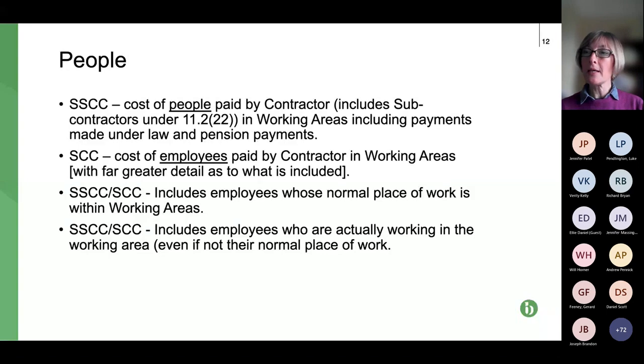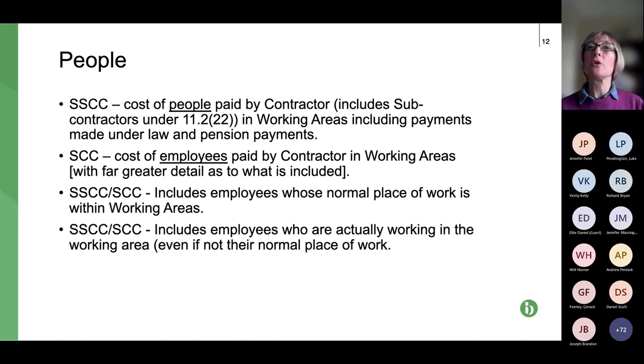So that first heading, number 1, is people. This is basically under NEC 3 and 4. What we're talking about is the people engaged by the contractor in a contract or the subcontractor in a subcontract. Any party who has subcontractors, they will be dealt with under NEC separately under the defined cost definition.